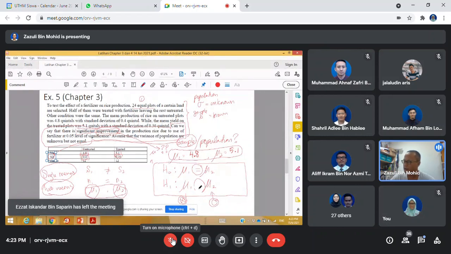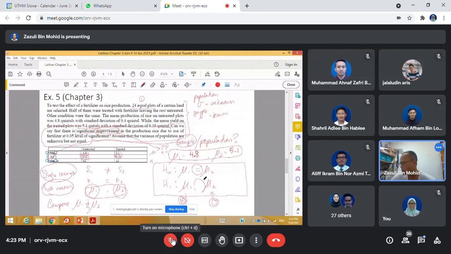Tak ada. Syaril ada? Ada doktor. Masuk sekarang ini apa simbol sini? What is the symbol? Rasanya lebih kecil. mu1 needs to be smaller than mu2. Betul ya doktor. So this is the correct hypothesis.